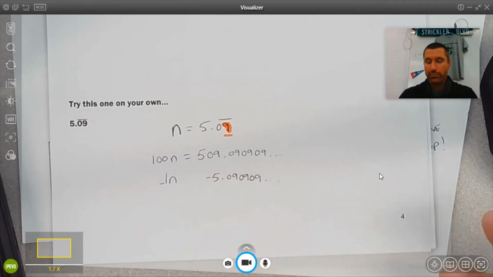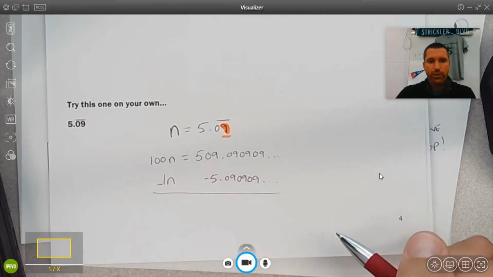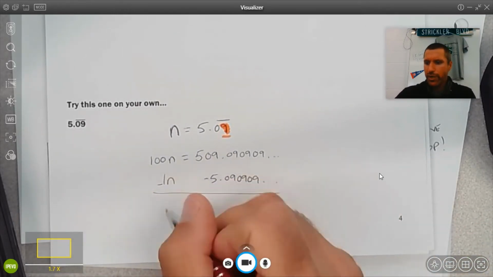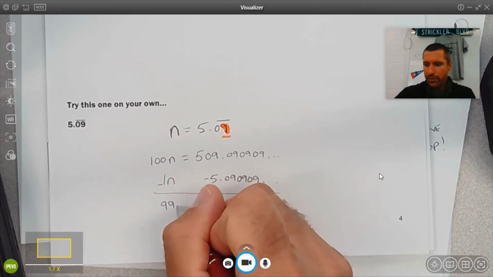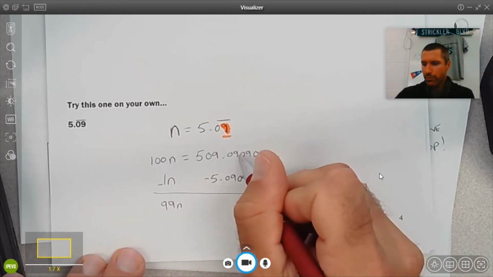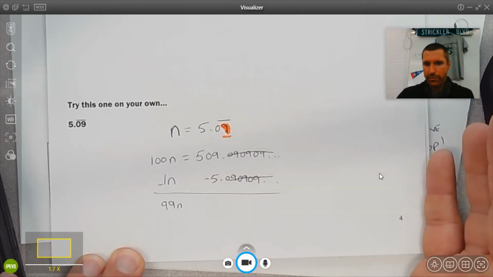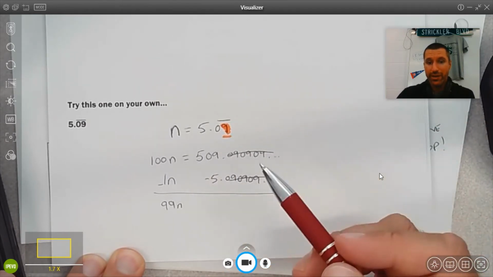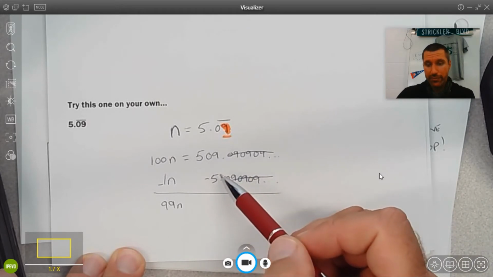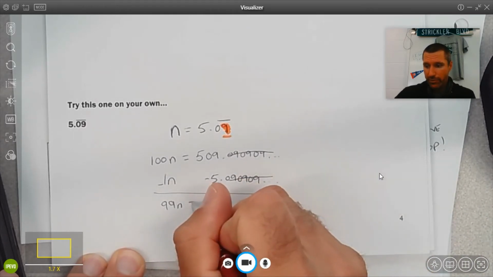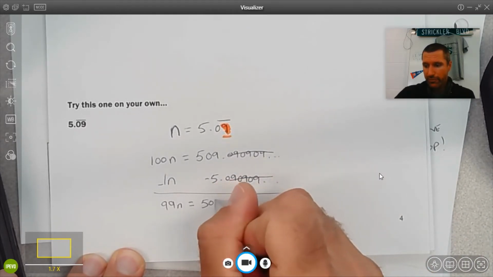So subtract it from both sides. Draw a line and then do the subtraction. So we got 99n. And over here, you want to wipe out the repeating decimal, because when you subtract something from itself, it's gone. But don't forget to subtract what's left, which is 509 minus 5. Bring down your equal sign, and it's equal to 504.